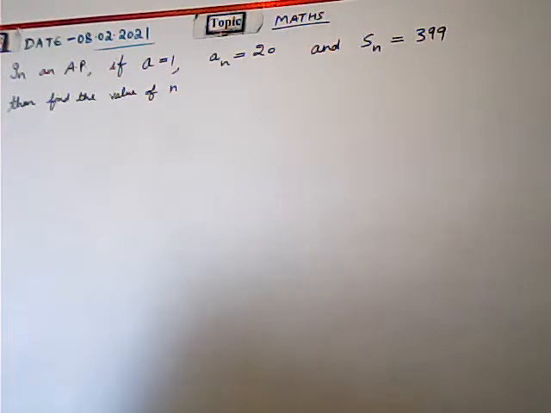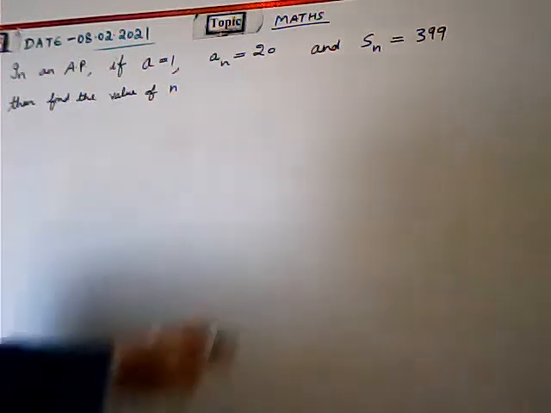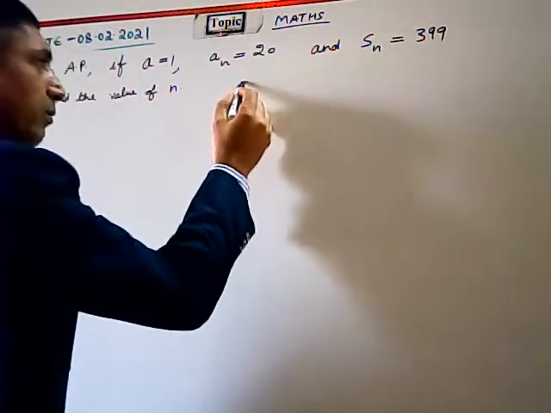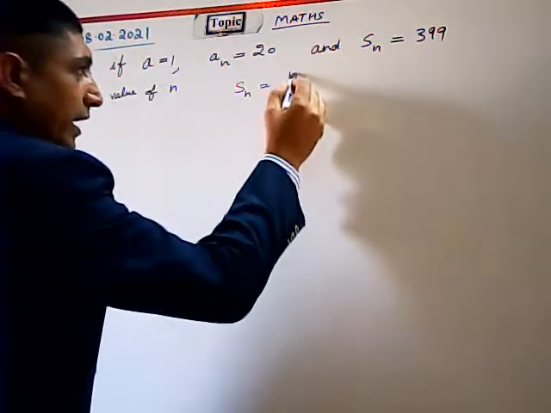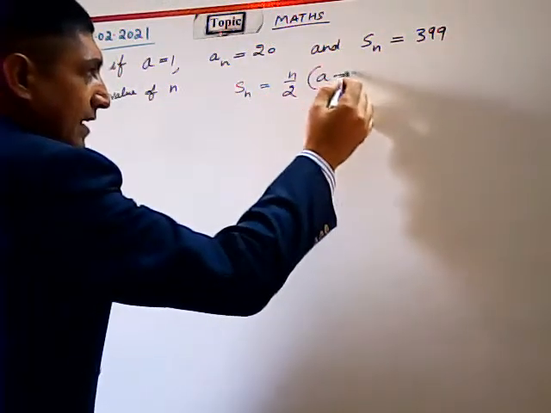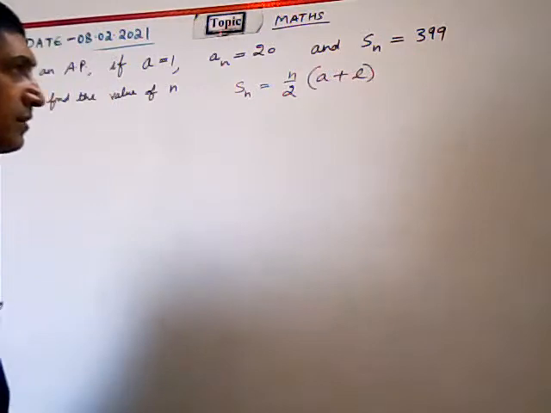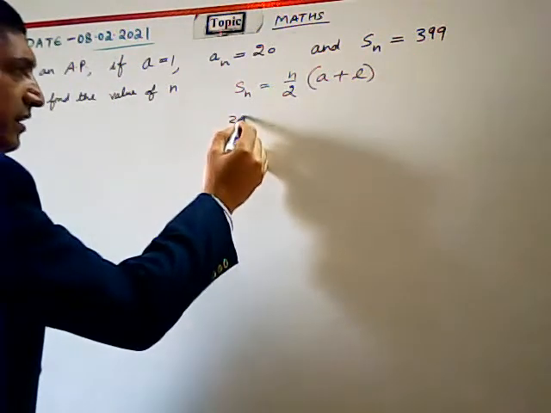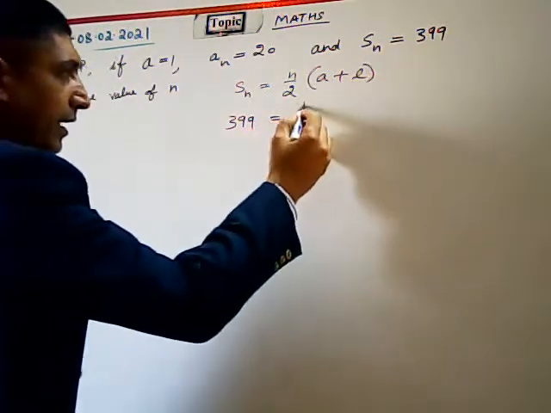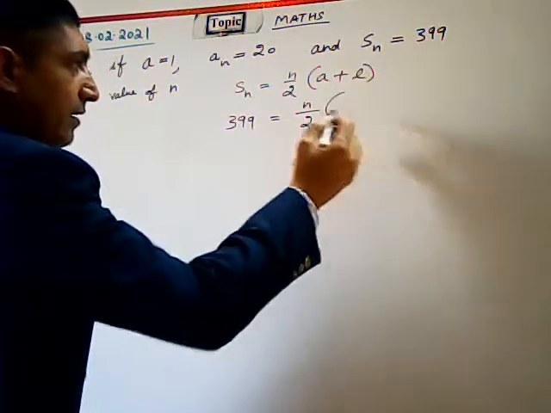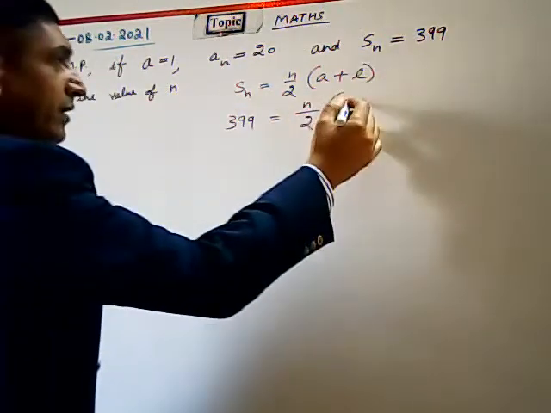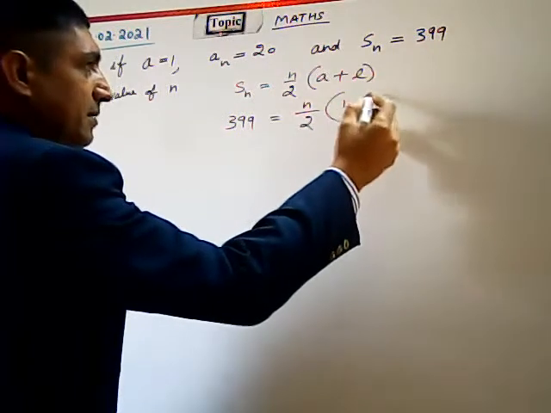So we can apply here the first term a and the last term l, so we have the formula Sn is equal to n by 2 into a plus l. Sn is 399, n by 2 is there, a is 1, and an, the last term, is 20.